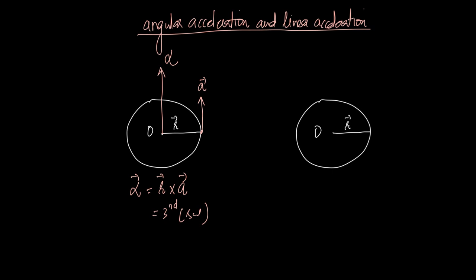Simple concept again. Now, this will take place when the motion is counterclockwise, but when the motion is clockwise, we know that the acceleration vector would be acting like this. This is the acceleration vector. And how will the angular acceleration look? Alpha would be perpendicular, along the positive z-axis.